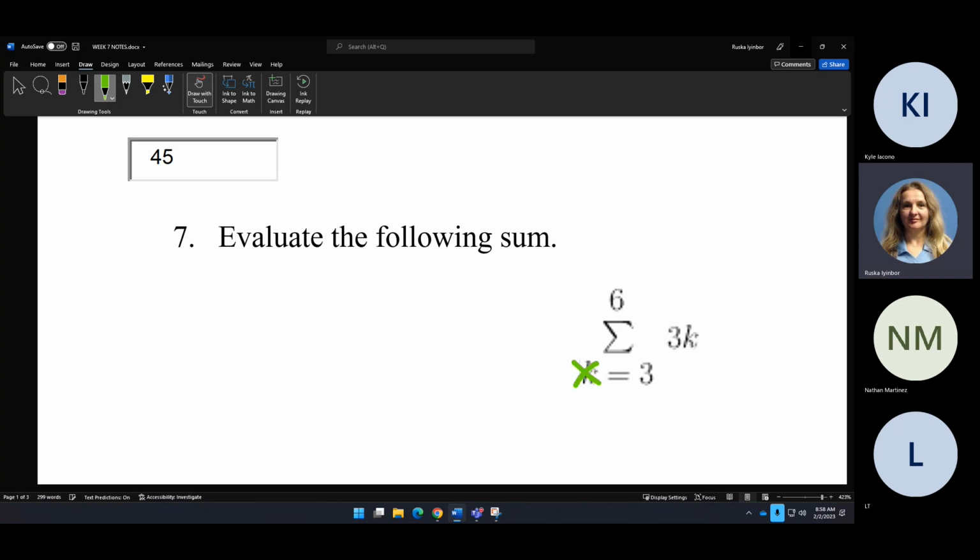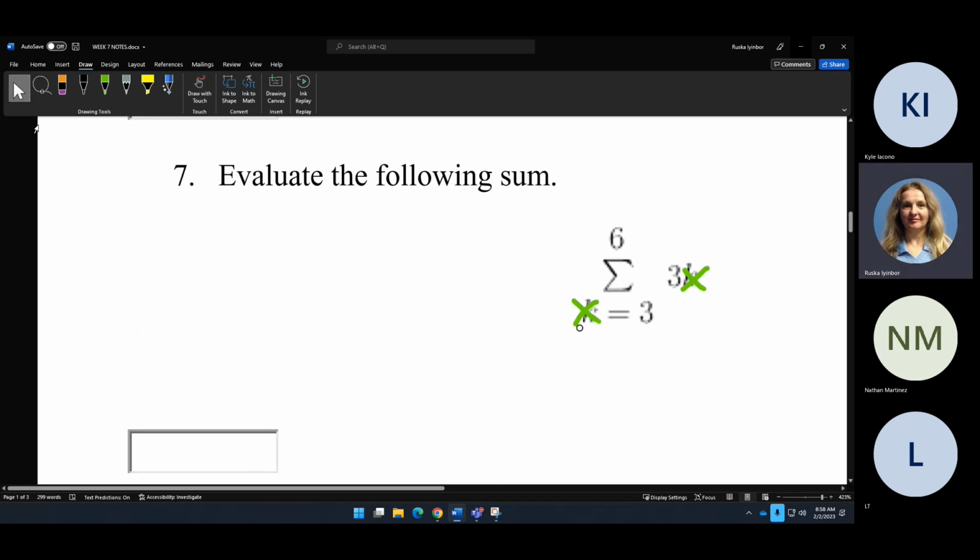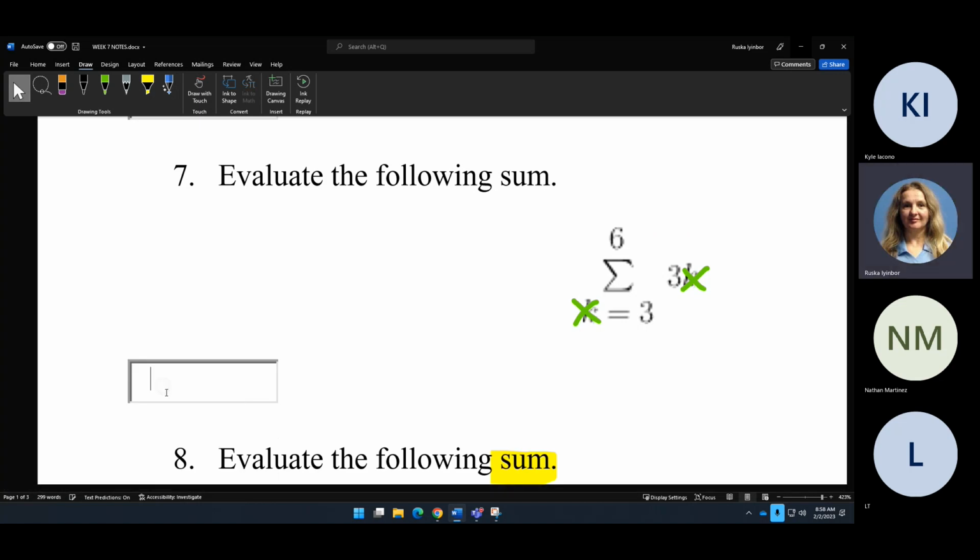You put x here, and you put x here, and just enter it like that in the calculator. 54. Thank you. Okay, 54. And then you have one more to practice.